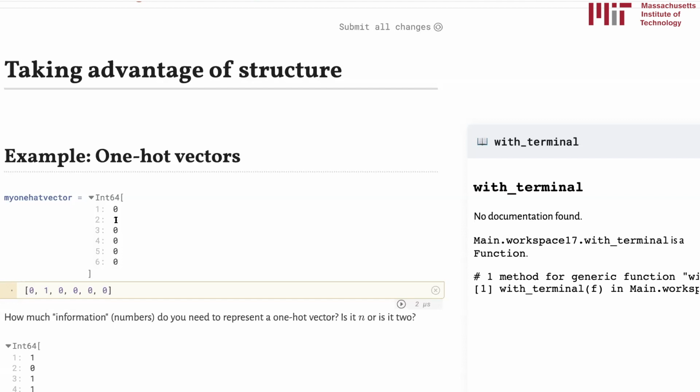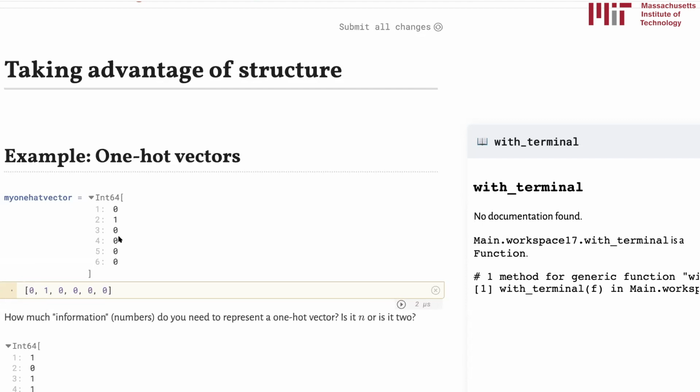So you can have just the number 6, which is the length, and the number 2, which is the element that's hot. And somehow the number 6 and the number 2 should be able to represent that same object that in your mind is length 6. Okay, you don't need to store 6 numbers to have in your mind the abstraction of something that has length 6.